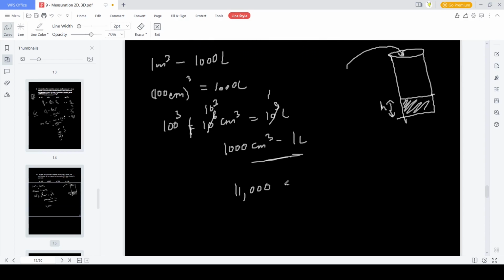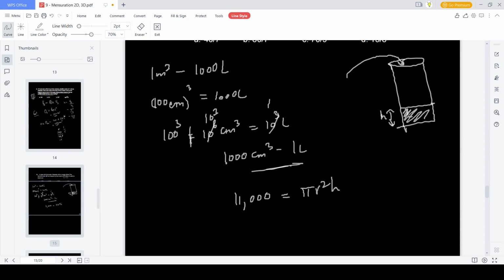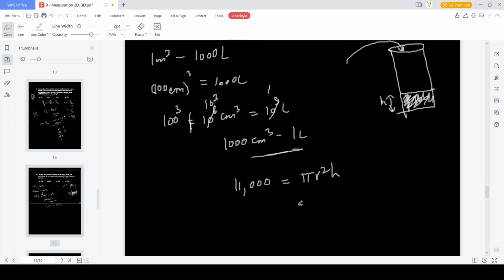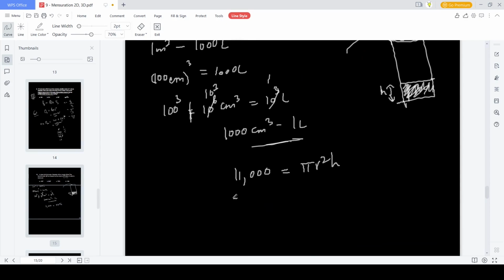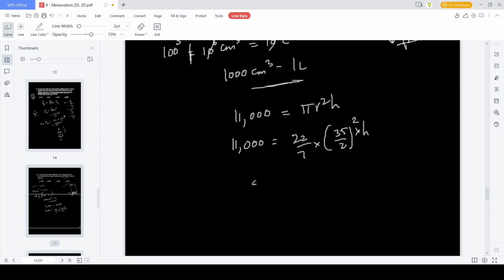So 11,000 centimeter cube is equal to pi r square h, where h is the height and r is the radius. The radius is 35 by 2 because 35 is the diameter. So 11,000 is equal to 22 by 7 into 35 by 2 the whole square into h. From this equation we need to find h.